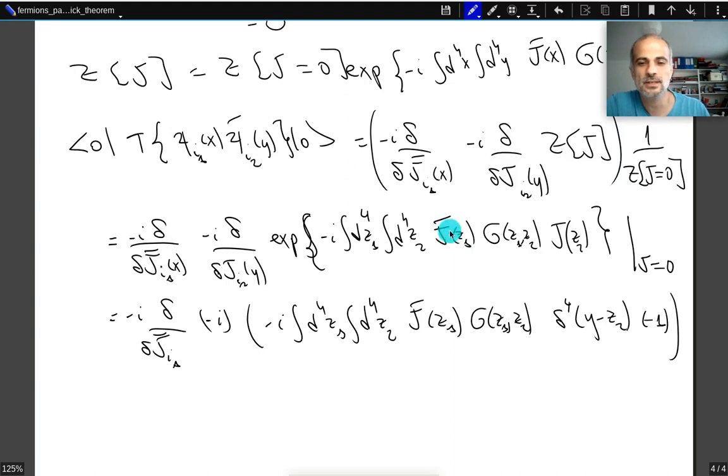And also note that these are all spinors. I'm taking the derivative with respect to a particular component. So let me write this as I take the L component of this, and then the L component of j of z2. So if I take the derivative of the L component with respect to the I2 component, I also get an additional factor of Kronecker delta L of I2. And then I have the exponent.